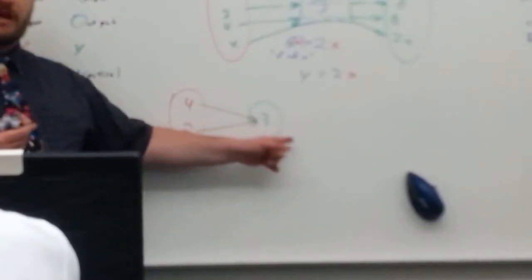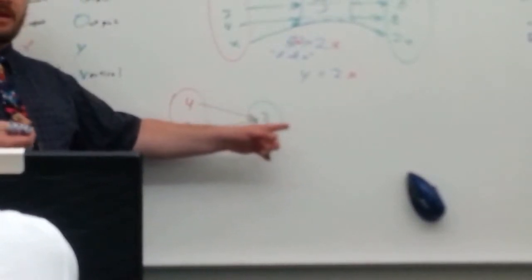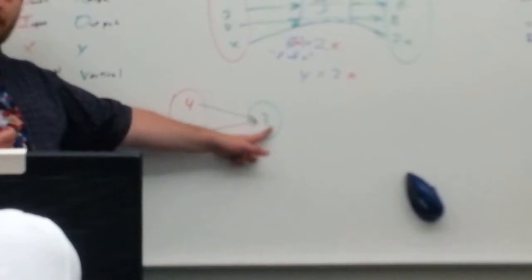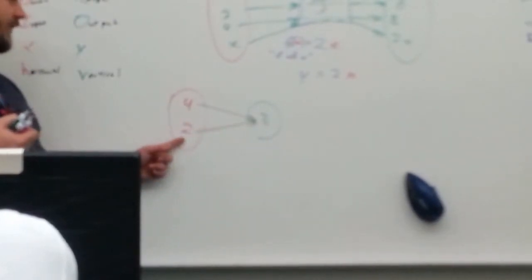Does every input have one and only one output? A 4 gives us a 3, so it has an output. And plugging in a 4 again is only going to give you the 3 again. So the 4 has one and only one output. The 2 has one and only one output. This is a function.